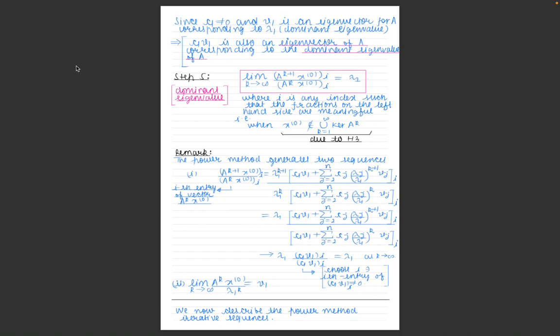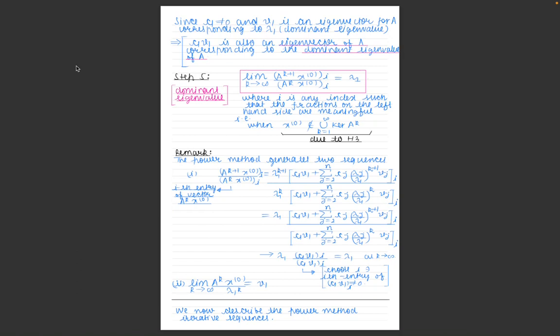Okay, let us prove actually why does it converge to lambda 1. Otherwise there might be some confusion. So it will be lambda 1^(k+1), then c1 v1 plus summation c_j (lambda j by lambda 1)^(k+1) v_j, j going from 2 to n. Now this is a vector, right? So it does not make any sense dividing by a vector. That is why we take any index, because this is a vector.